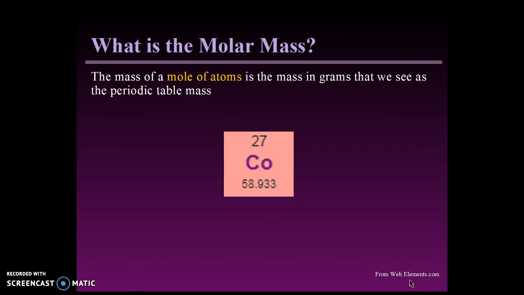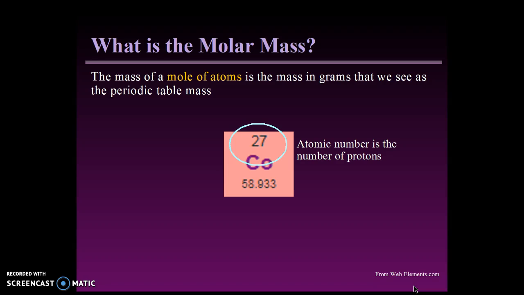First, what is the molar mass? The mass of a mole of atoms is the mass in grams that we see on the periodic table. Which is that? Well, as you know, the atomic number is the number of protons. And on the periodic table, that's shown in sequence.